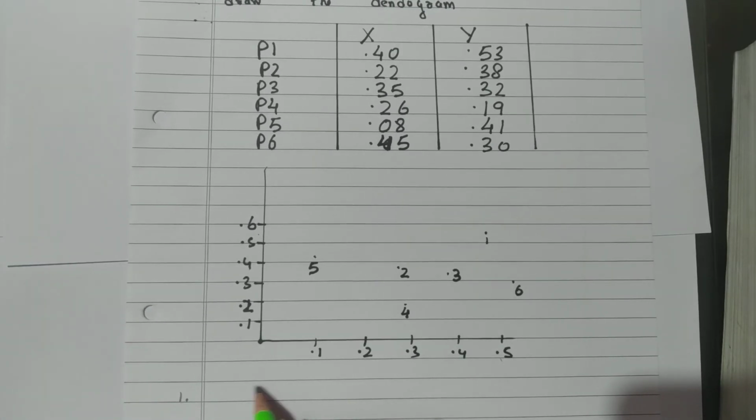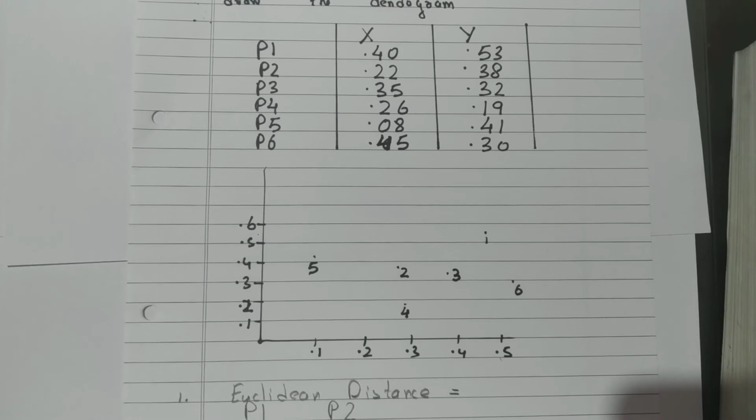So we use the formula of Euclidean distance to find the distance between 2 points. Let's say we find the distance between point P1 and point P2. Point P1 is represented as (0.40, 0.53), and P2 as (0.22, 0.38).